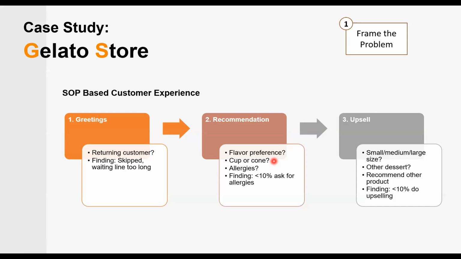And then they should offer whether you want a cup or cone, and whether you have any allergies. It's all based in the SOP. But when we went there, our finding was that less than 10% asked about allergies. And a lot of people needed to ask first what the recommendation was before being offered flavor preferences or flavor suggestions.